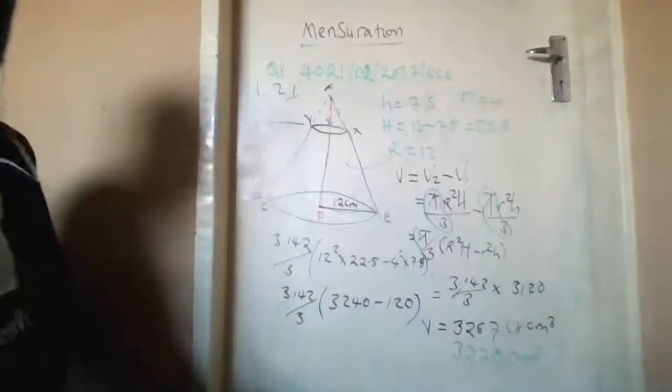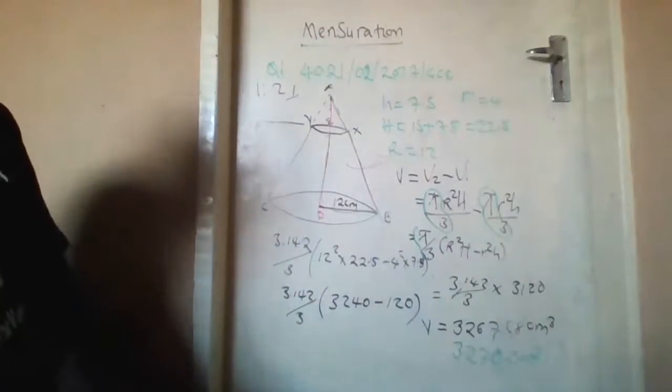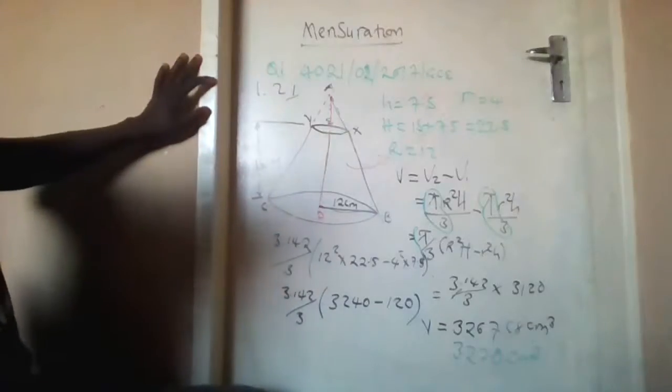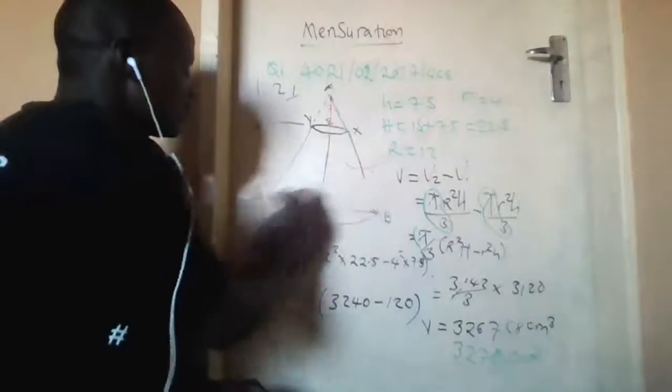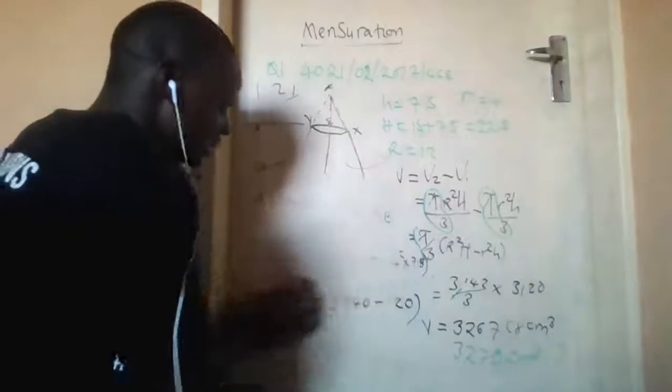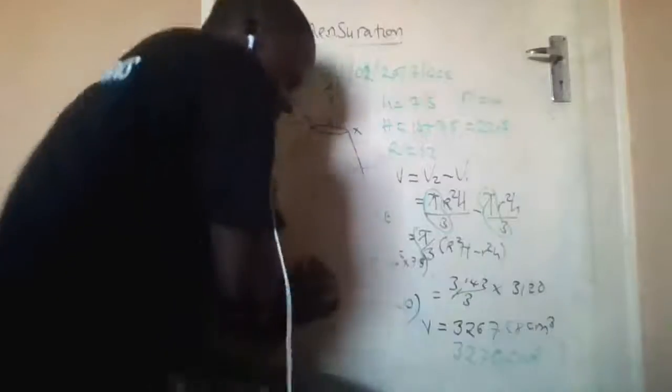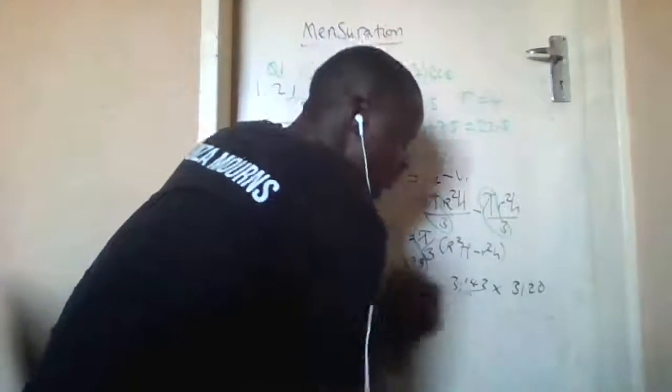Okay, so finding the volume of a prism is not something difficult. The concept is the same. All you need to do is understand the formula, do the right substitution, and then compute. You are good to go, which is as simple as 1 plus 1.